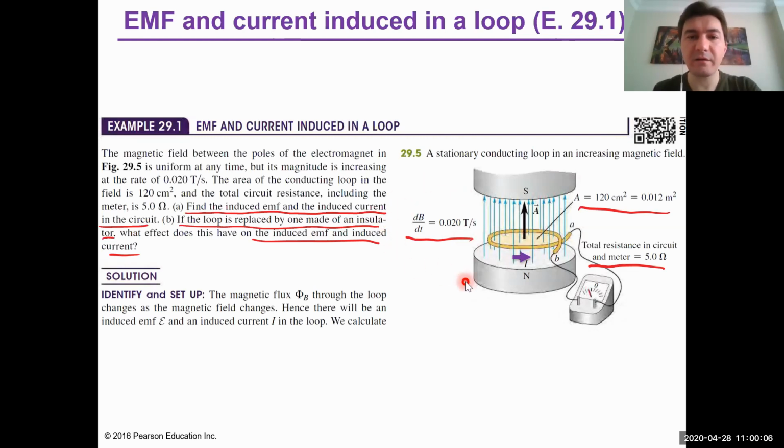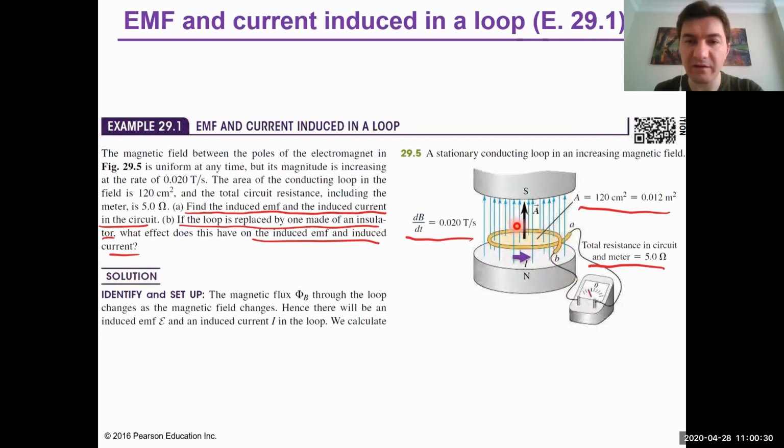Then there is a conducting loop. Both ends of the loop are connected to the meter. And the area of the conducting loop is given as 120 square centimeter. And we have wires to the conducting loop, and a wire again here.